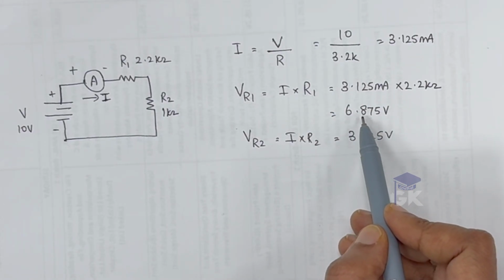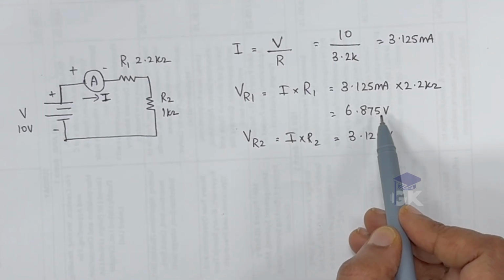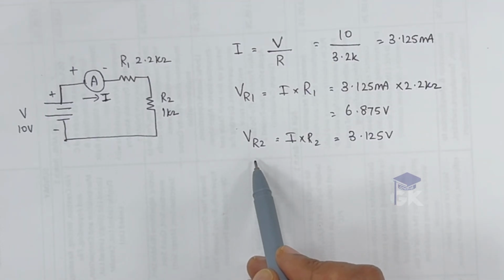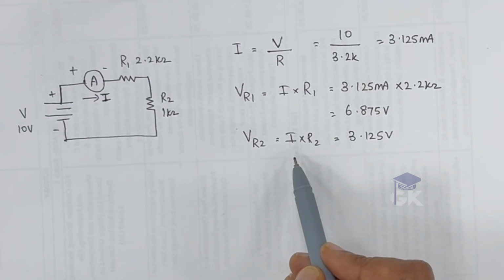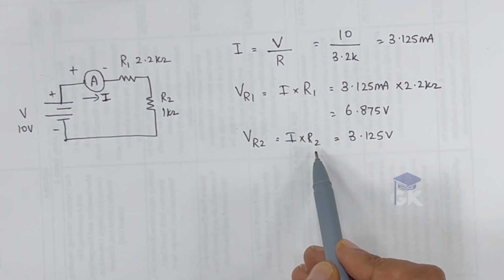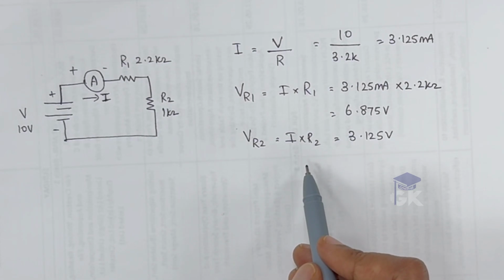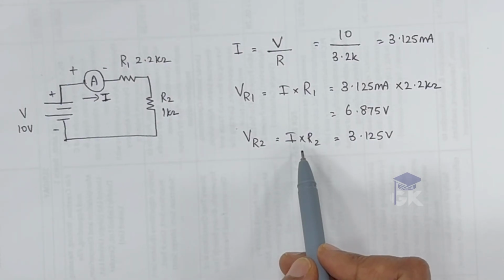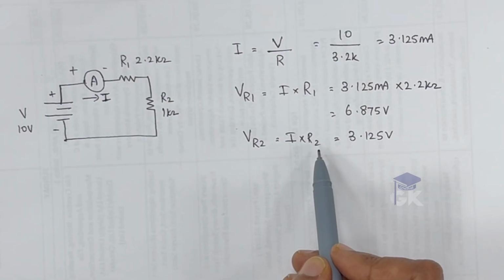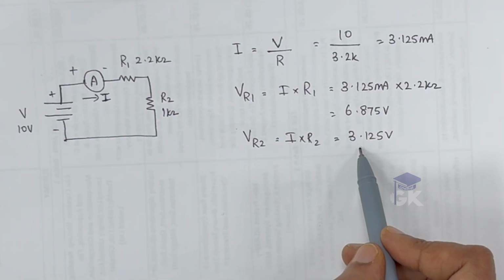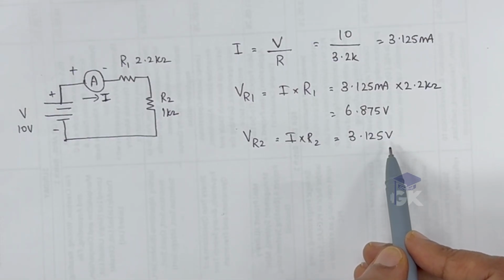Similarly, the voltage across resistor R2 is equal to the current in the circuit I into the resistor R2. So this is 3.125 milliampere into 1K, which is equal to 3.125 volt. Now this can be verified by connecting it practically.